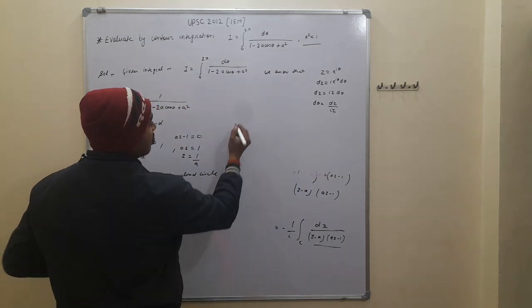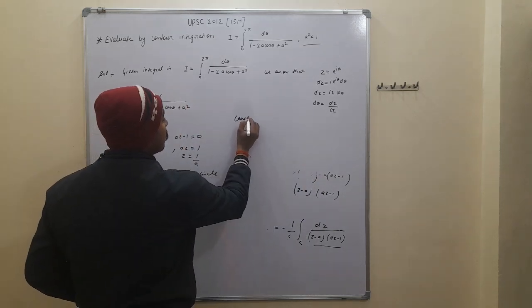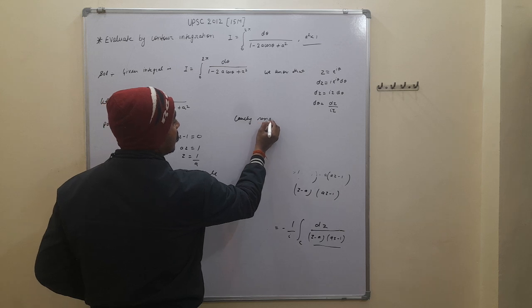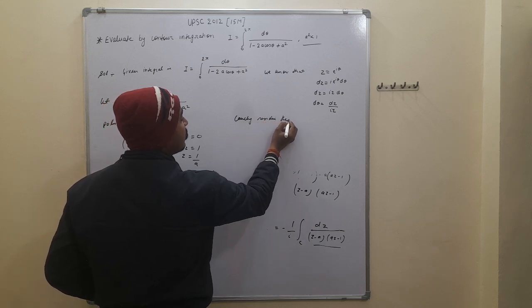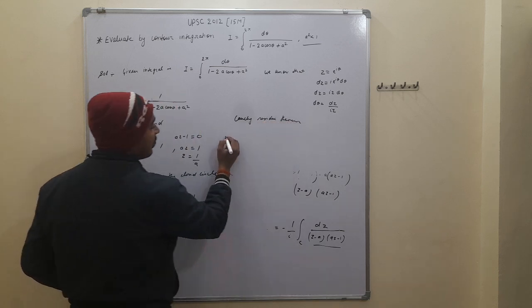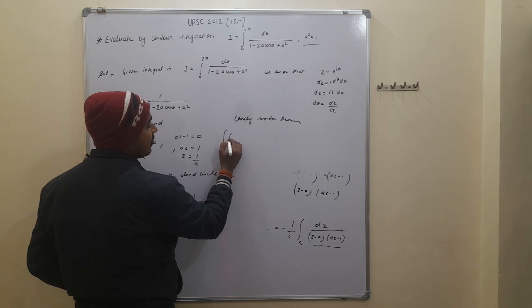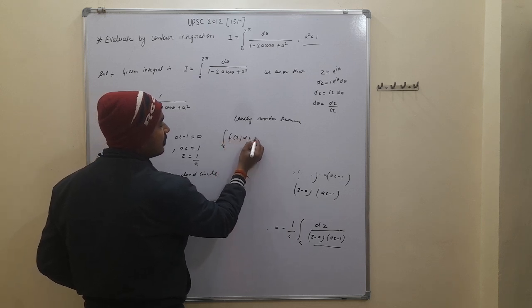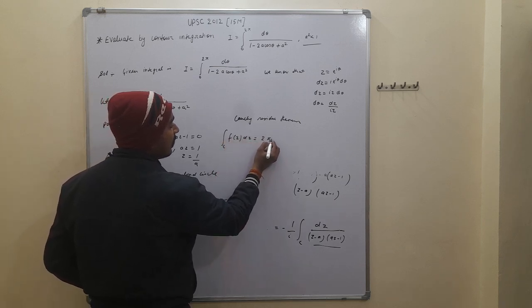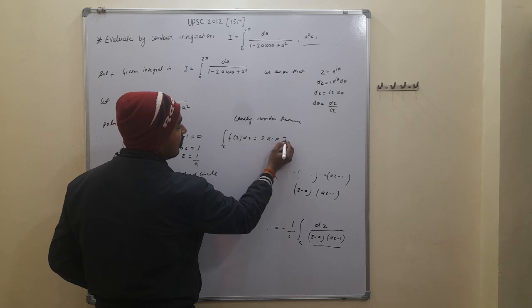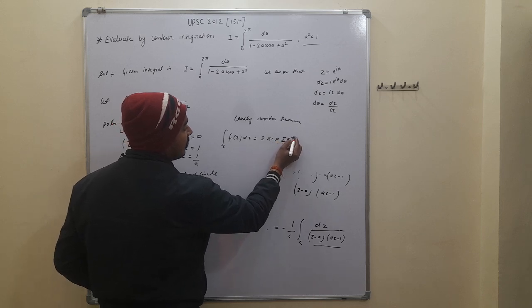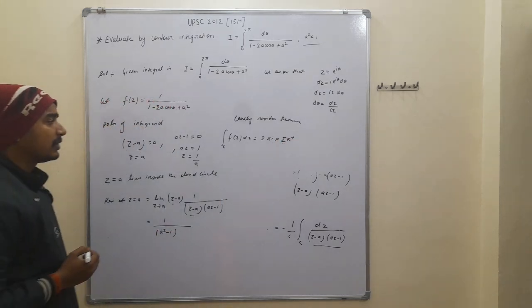This is given by closed integral over c of f(z) dz is equal to 2 pi i into the sum of residues. Here summation r plus c denotes the sum of residues.